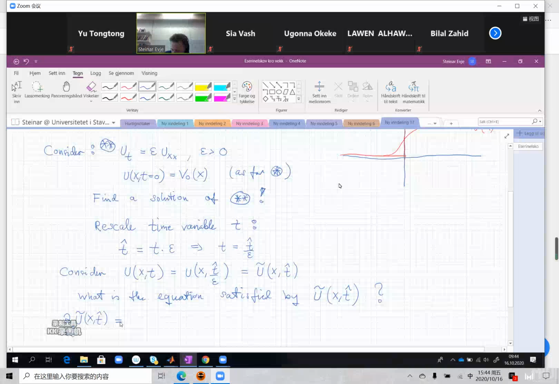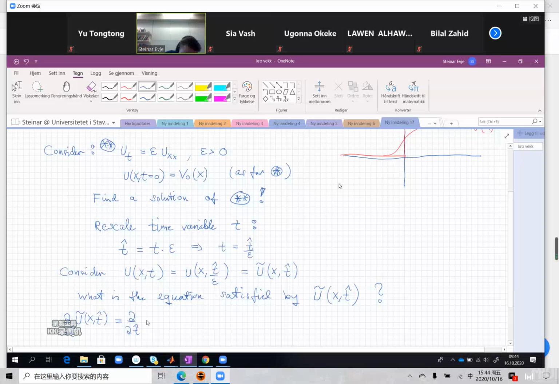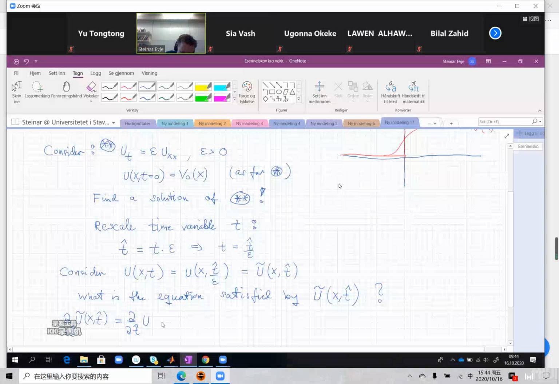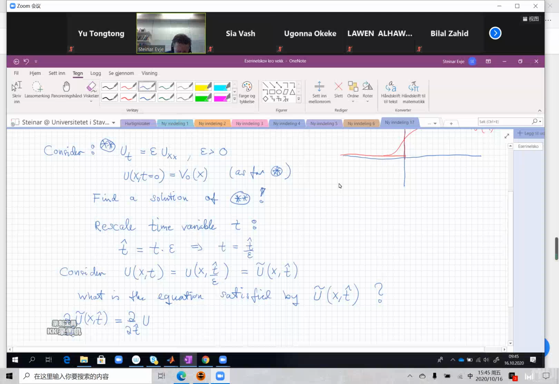But clearly, this is the same as the derivative with respect to t hat of u.